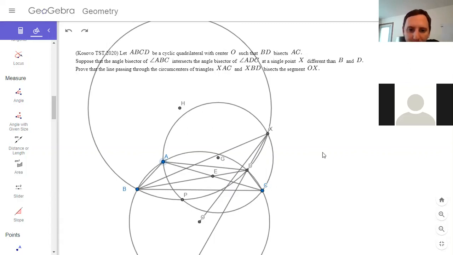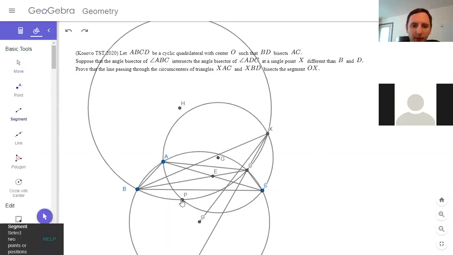All right. So that's the same as, does the radical axis theorem help? So we know XP passes through E by the radical axis theorem, right?